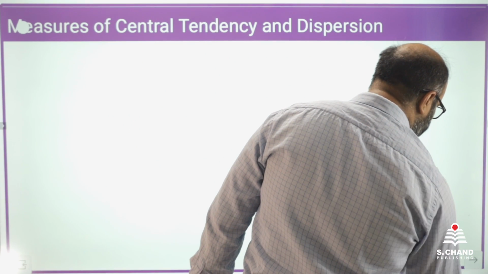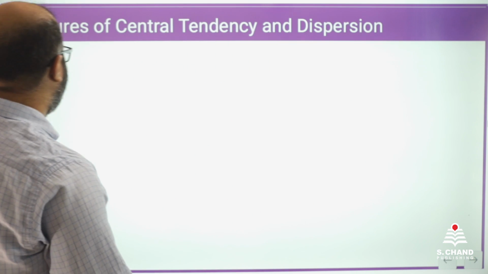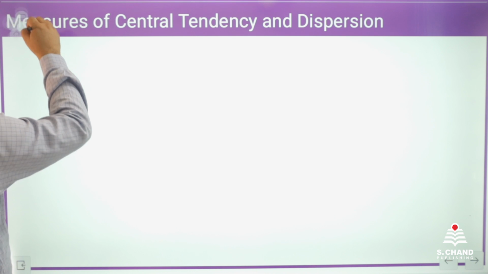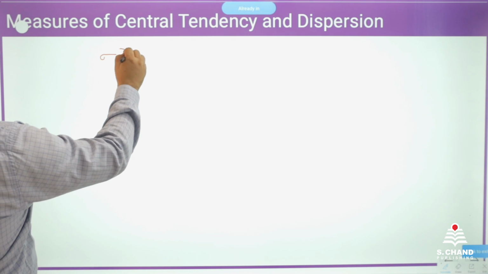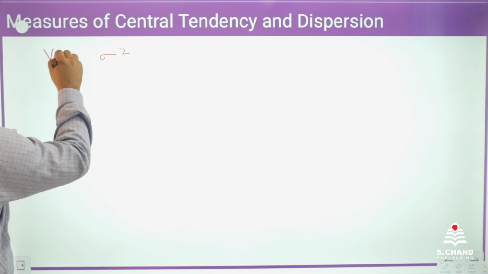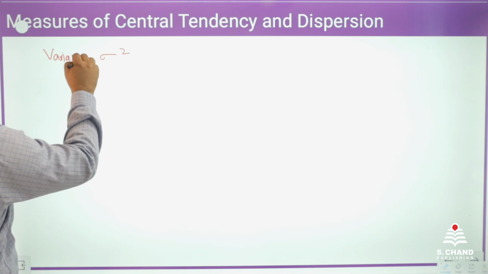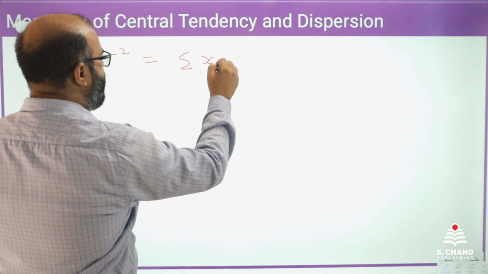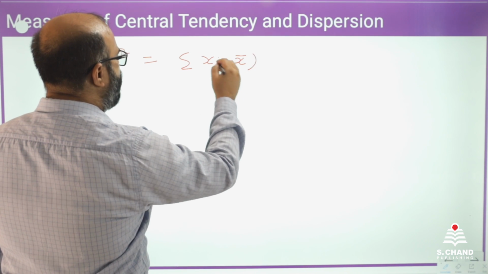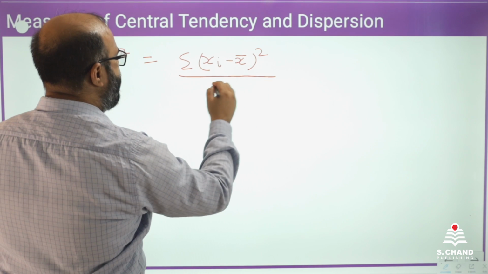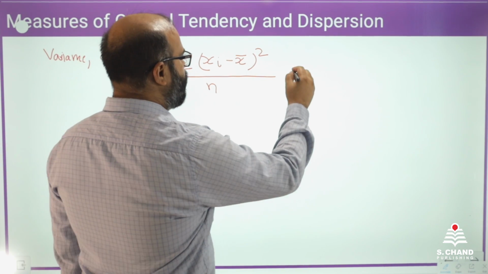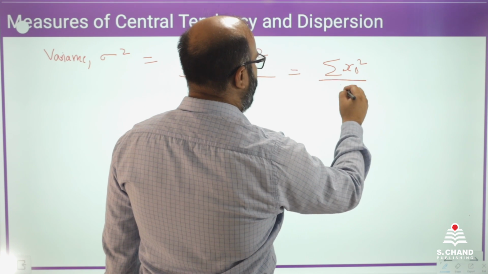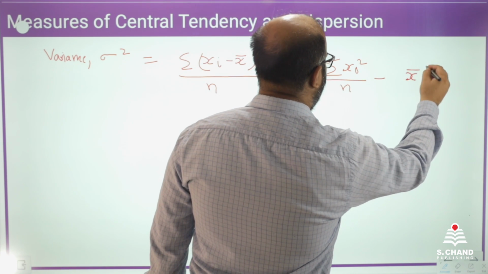Those terms are like standard deviation and variance. If we talk about variance, this is sigma square, and this is equal to sigma of xi minus x mean whole square by n, the number of observations, which can also be simplified as sigma of xi square by n minus x mean whole square.